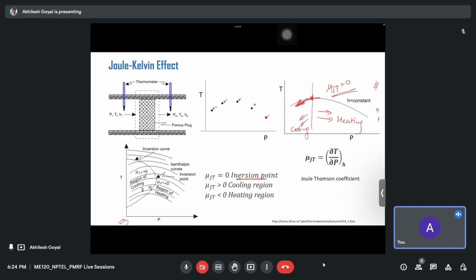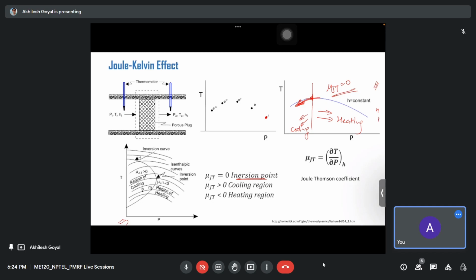Inside this inversion curve is the region of cooling. If we operate in this region, always the cooling will occur, and outside this region the heating will occur, and on this curve there is no cooling or heating effect.